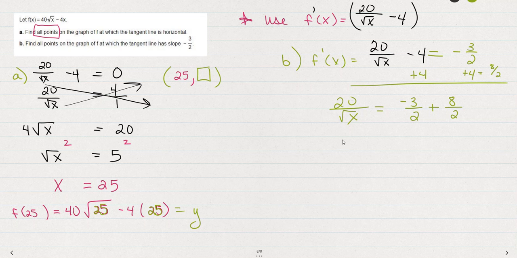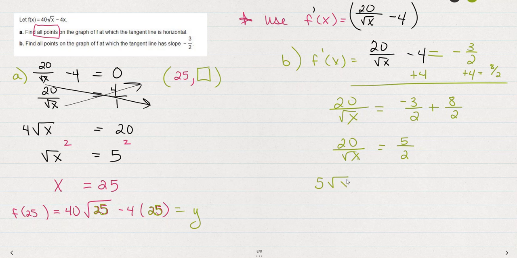So I could still do this without a calculator. I know some students say, but why bother? Well, make sure you still could do this if you needed to, right? So we get 5 over 2. And then we'll use the same process of cross multiplying.